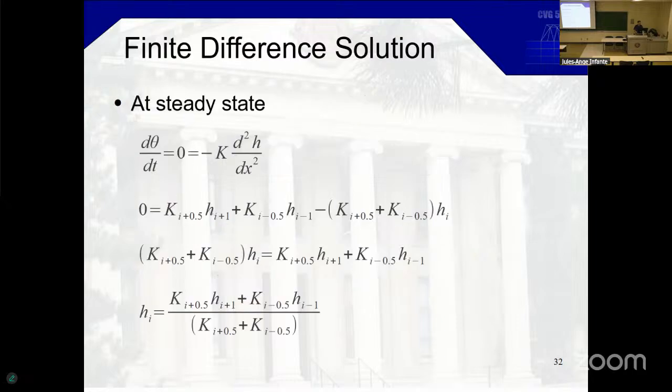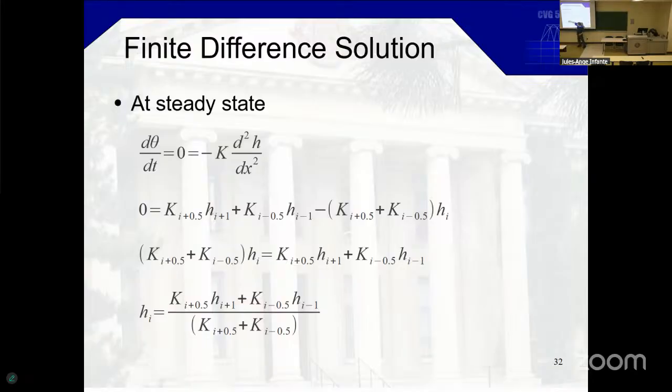And so if you simplify everything and you assume that you have a steady state condition. Again, today we're just looking at steady state condition. Time dependent will come next week. Okay? So for steady state conditions, we get K i plus 0.5 times H i plus 1, plus K i minus 0.5 times H i minus 1, divided by the sum of the K's.